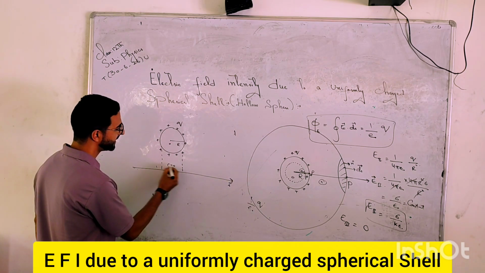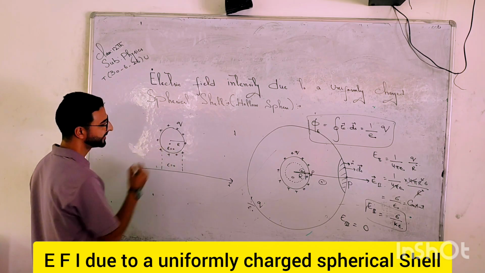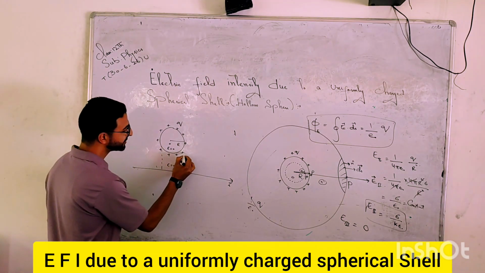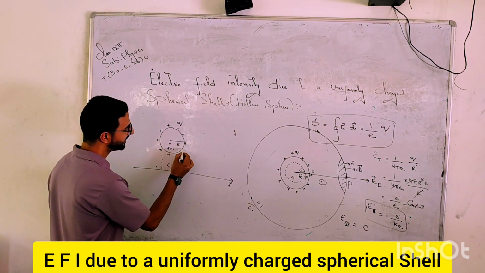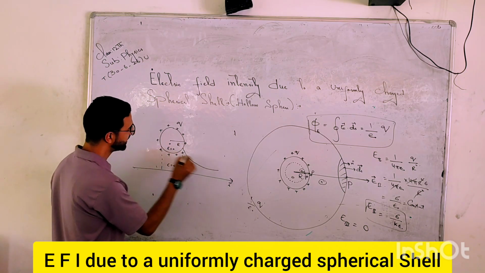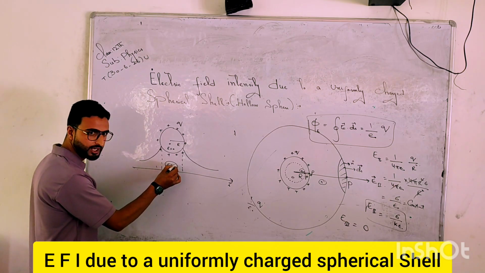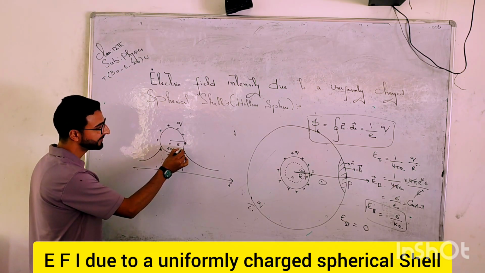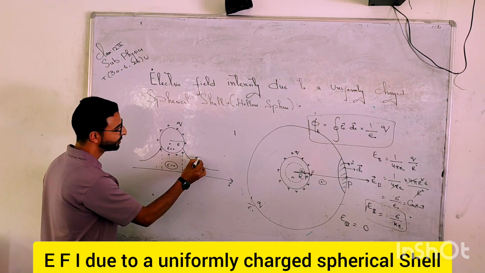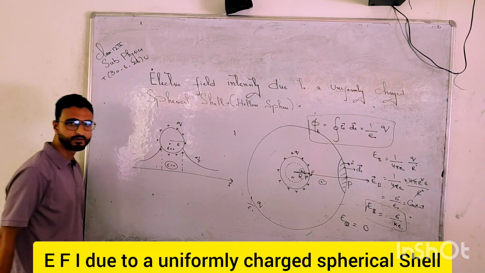Now electric field inside the spherical shell is equal to 0. On the spherical shell, basically at this very point, it is maximum and then it goes on decreasing as per the inverse square law. So electric field inside the shell is 0. It is maximum on the surface of the shell and it goes on decreasing as per the inverse square law.